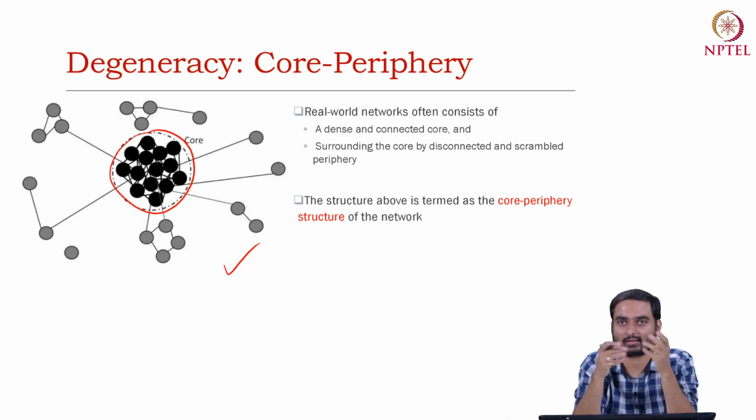These fraud accounts are controlled by a very small set of core nodes, and those core nodes are hidden within a network. It's not very easy to detect them, but if you do core periphery analysis, you will see that those nodes are prominent. Those nodes have higher core values.